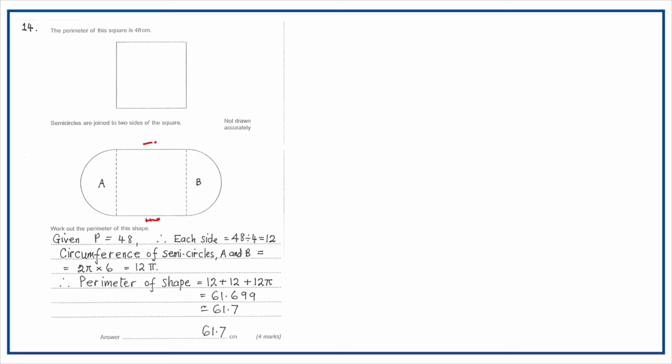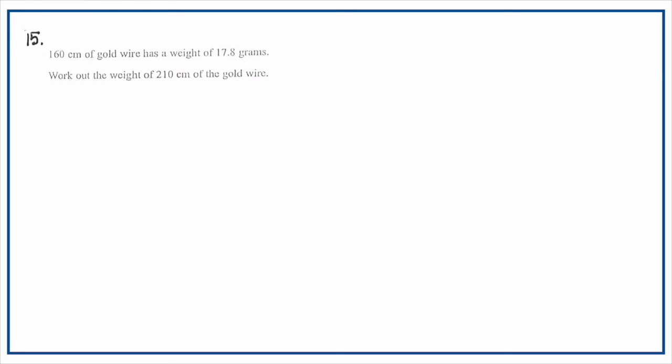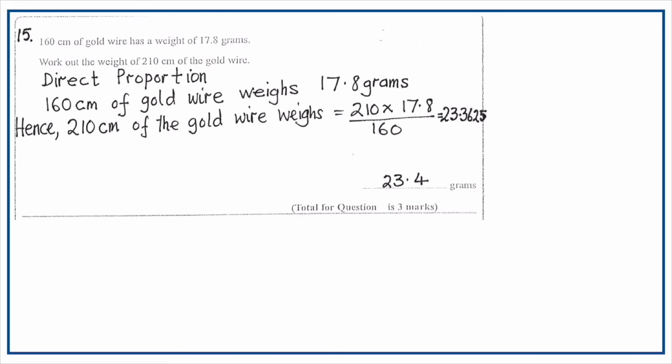Question 15. 160 centimeters of gold wire has a weight of 17.8 grams. Work out the weight of 210 centimeters of the gold wire. So here is direct proportion. 160 centimeters of gold wire weighs 17.8 grams.